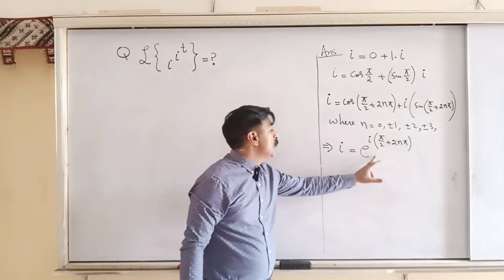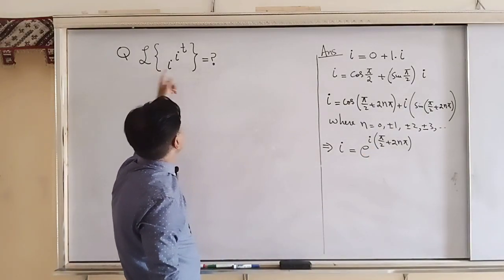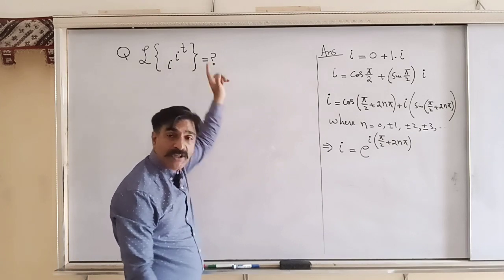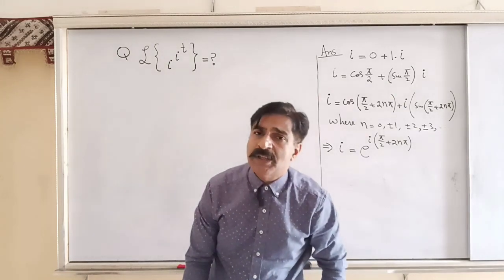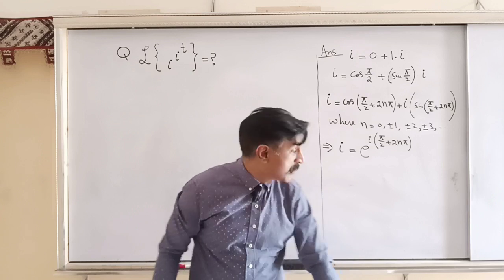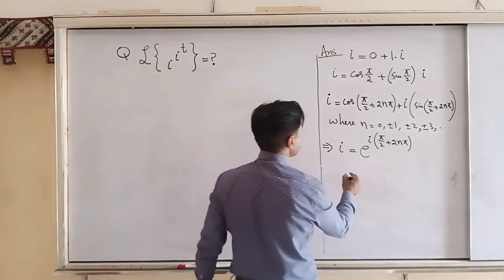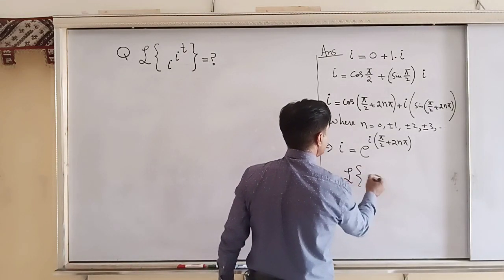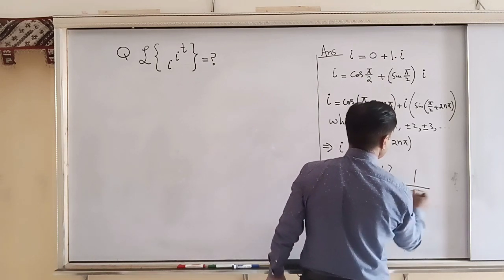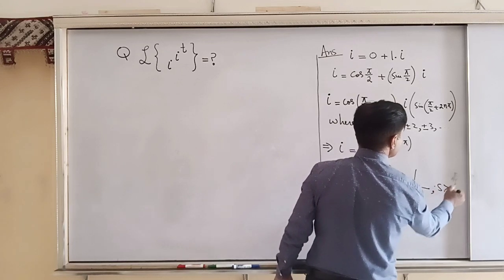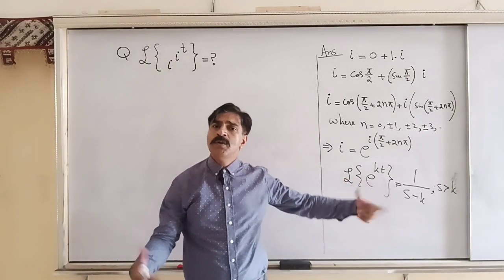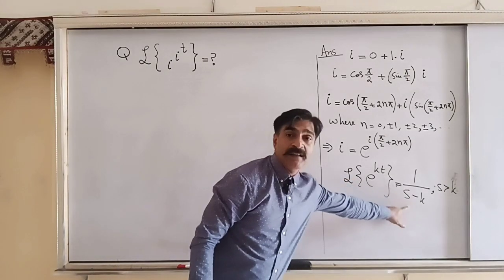So by using this result, we will transform our function, iota power t, into an exponential function, and then finding the Laplace transform of exponential is a one-step question, because the Laplace transform of, for example, e to the power kt is equal to 1 over s minus k, where s is greater than k. So once you have the function in your exponential form, you will solve the question in one line.